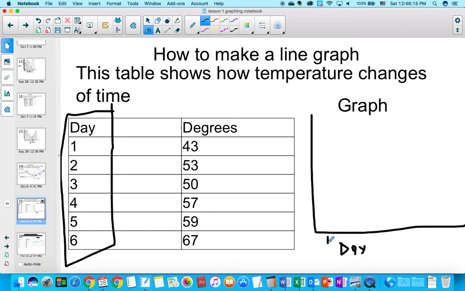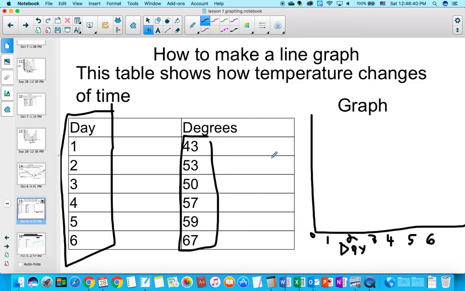Then we have 1, and then 2, 3, 4, 5, and 6, right? And we have degrees. Again, these are where our plots or our points will be. They're not really going up by any significant or consistent amount. So again, we want to start at 0 for the y-axis, and this will be degrees.